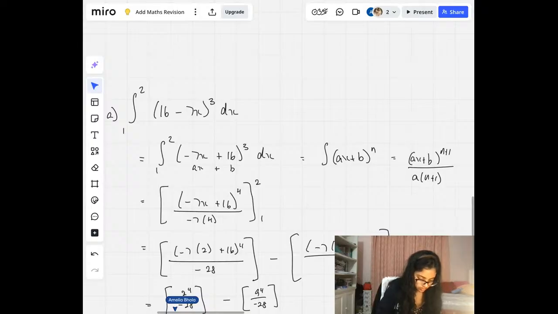Take this away from what ChatGPT is telling me, something different. Two to the 4, that's 16 minus 28. Take away.